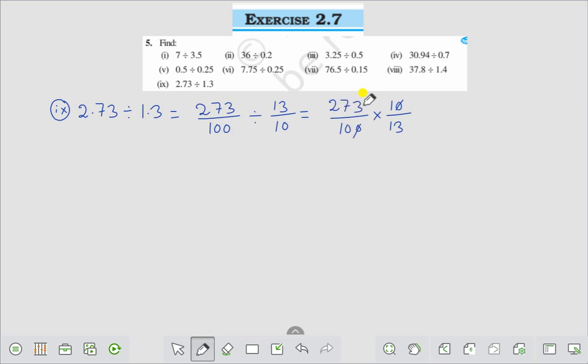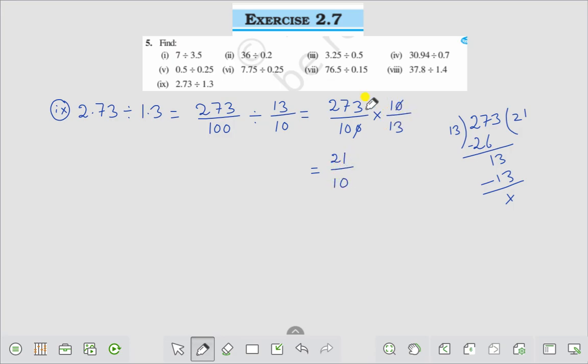And if you divide 273 by 13, what are you getting? 13 2 is 26, 27 minus 26 is 1, bring down 3, and 13 1 is 13. That means you are getting 21 by 10.